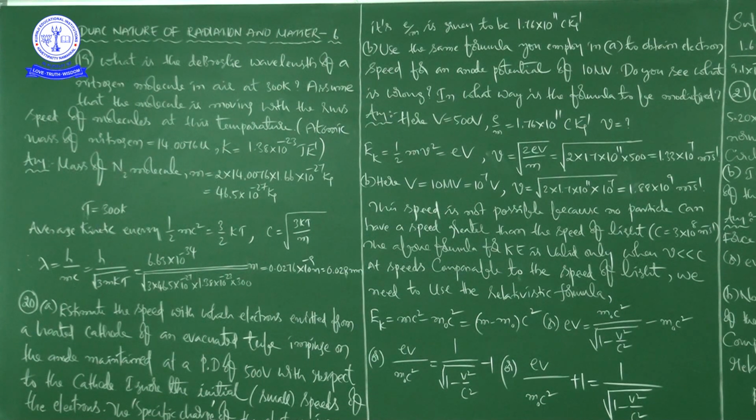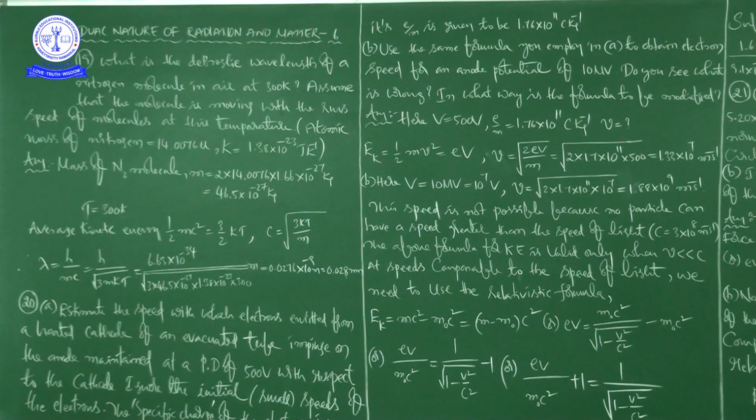impinge on the anode, right, maintained at a potential difference of 500 volts with respect to the cathode. I will repeat the sentence once again, please concentrate.